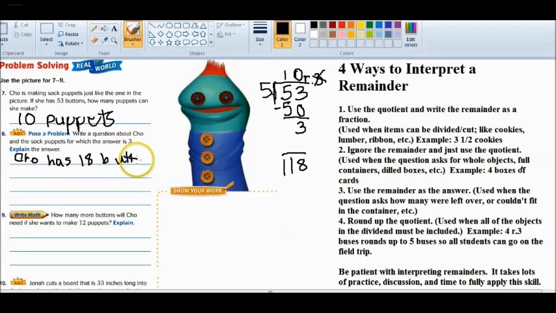How many puppets can she make? And I changed the number of buttons. Sorry for my bad handwriting. How many puppets can she make?